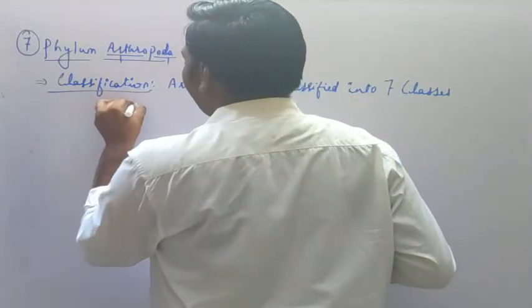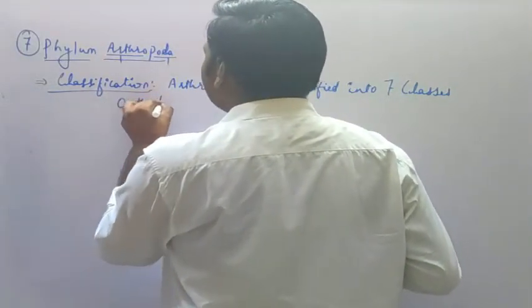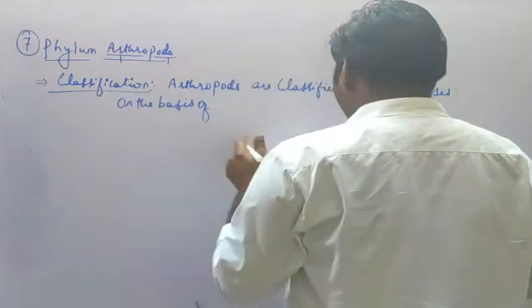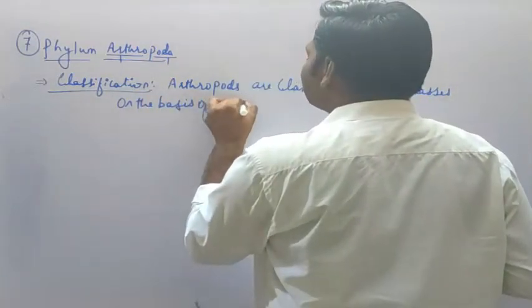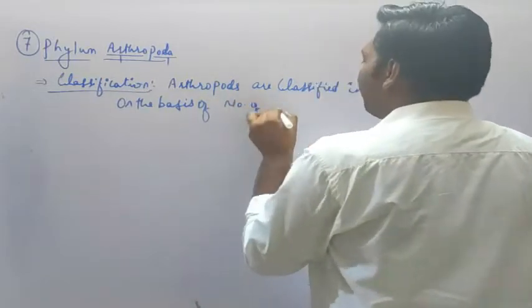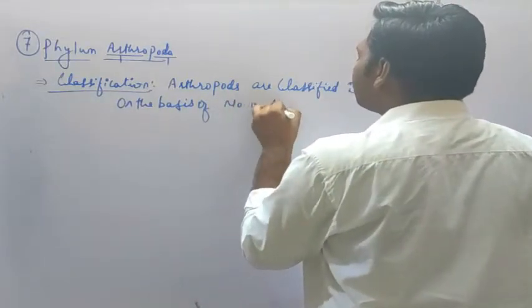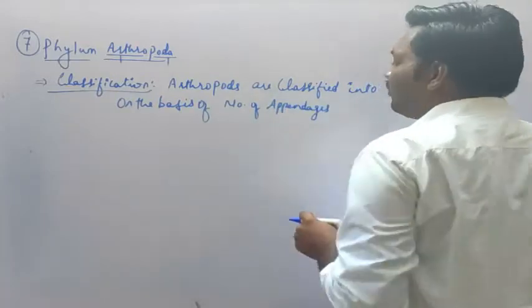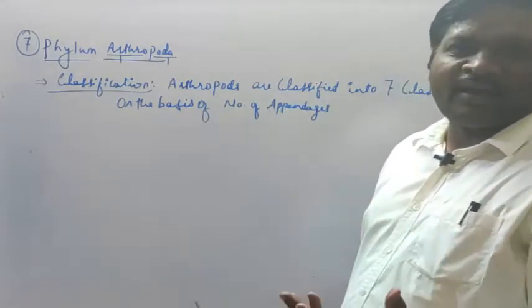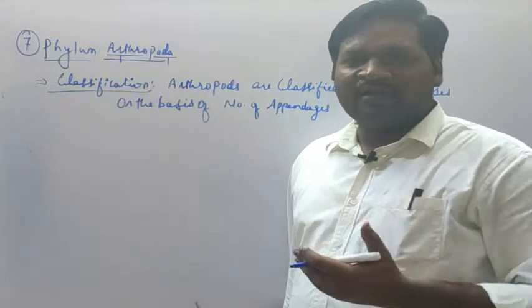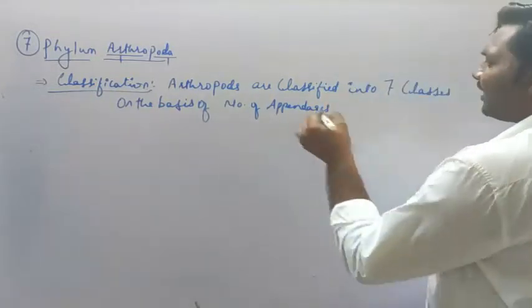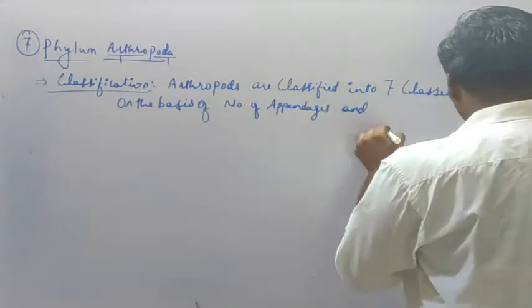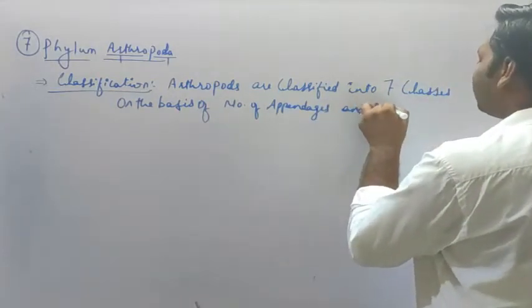on the basis of number of appendages. Now number of appendages means the number of pairs of legs found in the arthropod, and mode of excretion.